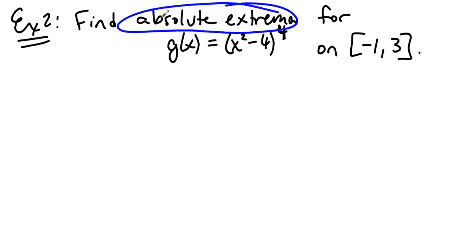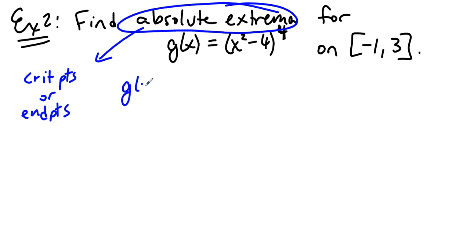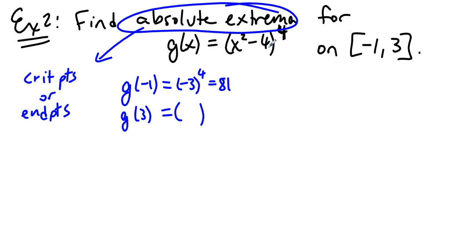If there are going to be absolute maxes and mins, they occur at critical points or endpoints. So finding g of -1 is important. Finding g of 3 is important. G of -1, that's 1 minus 4, that's -3 to the fourth, that's 81. G of 3, that's 9 minus 4, that's 5 to the fourth, that's really big.